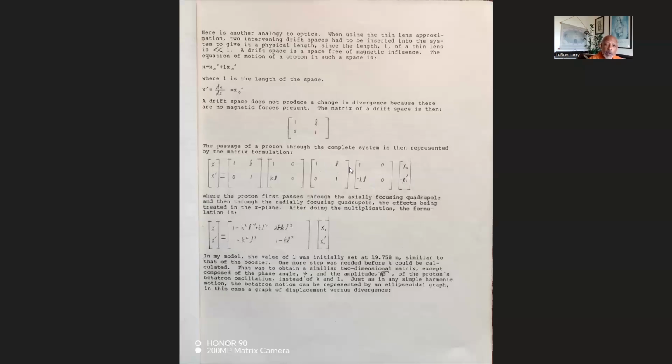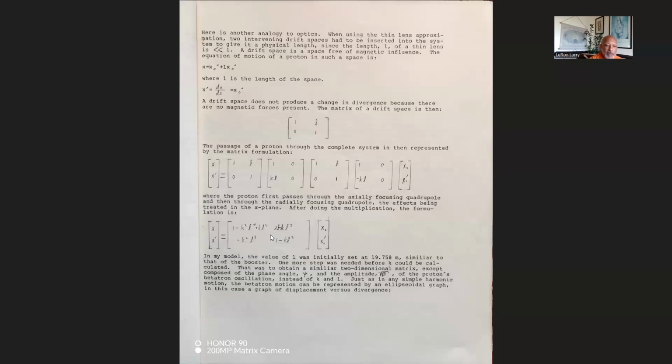So multiplying those 4 matrices together, we get this mathematical representation of a proton going through a quadrupole. Thin lens approximation applied, everybody.